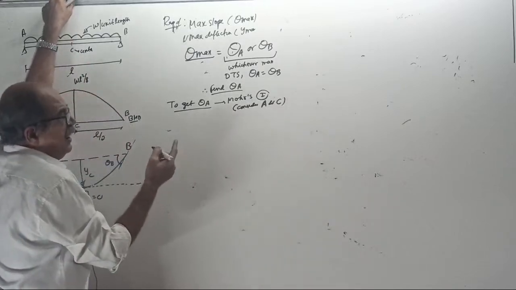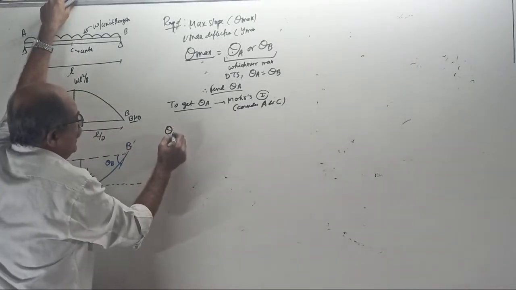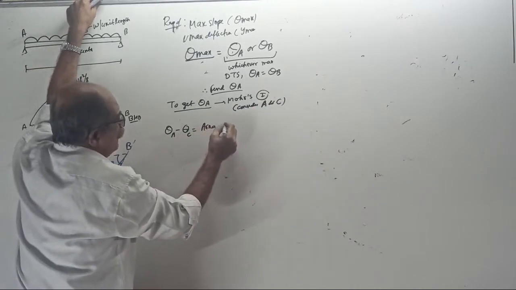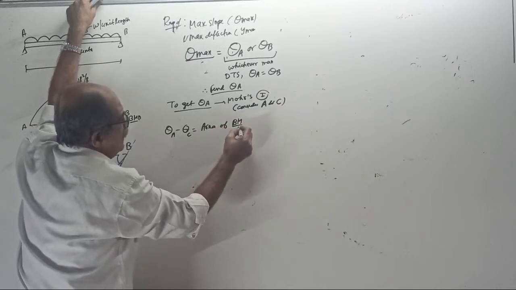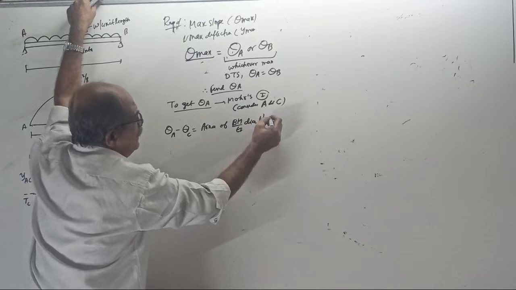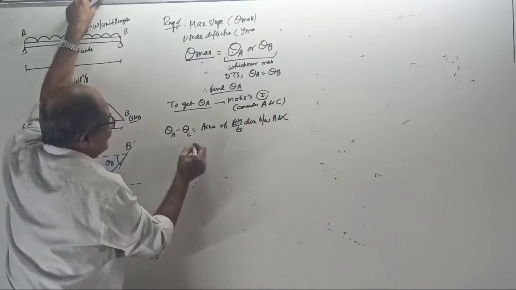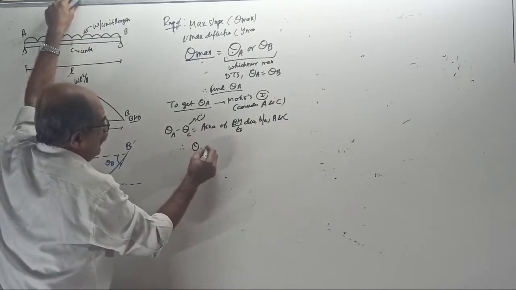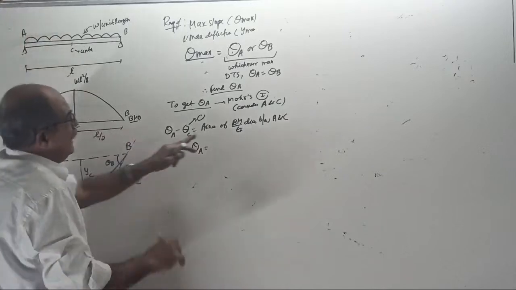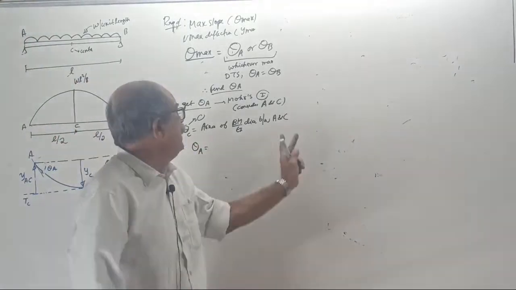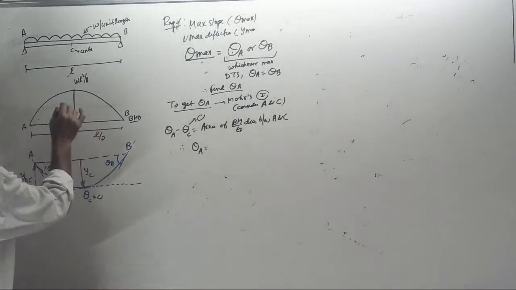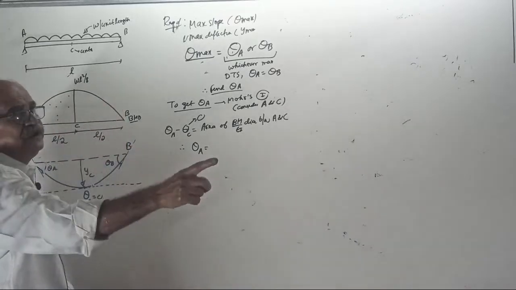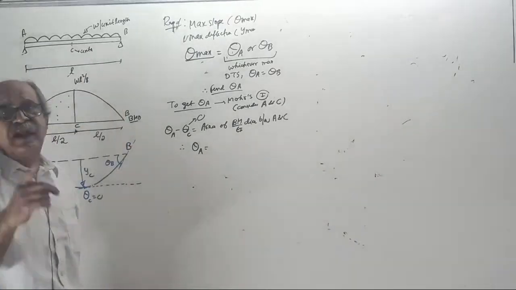Then slope at A minus slope at C equal to the area of the BM by EI diagram between A and C. Theta C equal to 0, therefore directly you get theta A. Theta C is 0, so theta A equals the area of the BM by EI diagram between A and C, this area. Tell the formula. For a straight line, half base into height. For this way curve, 1/3 base into height.